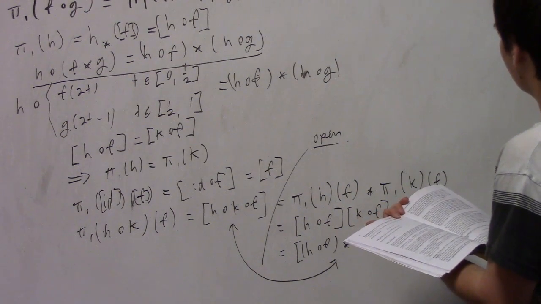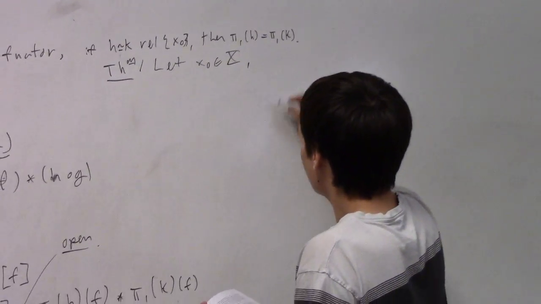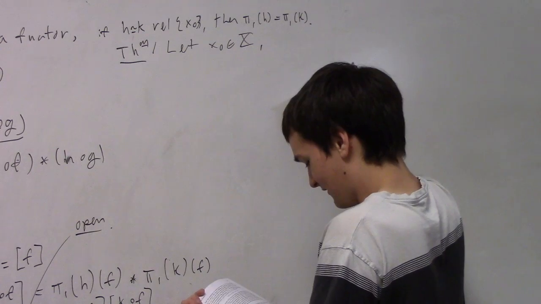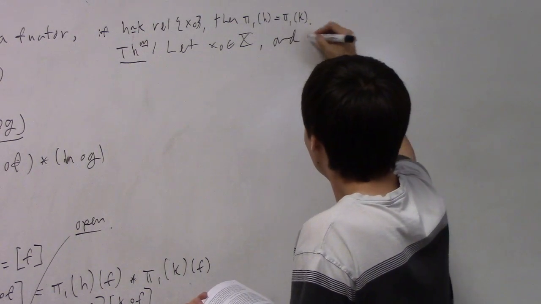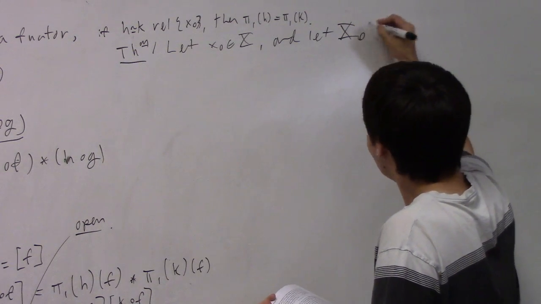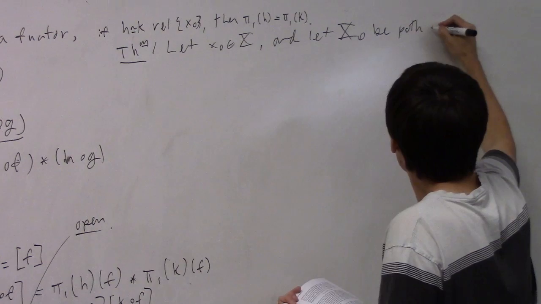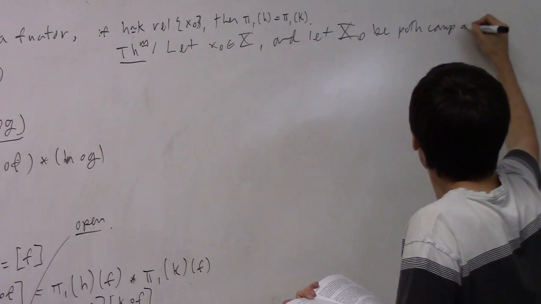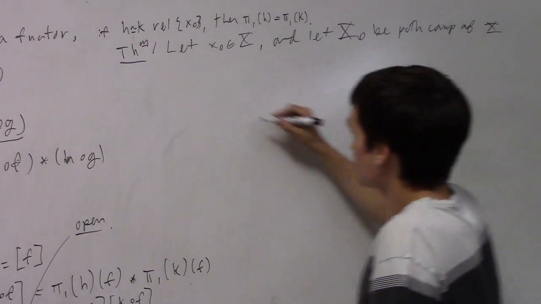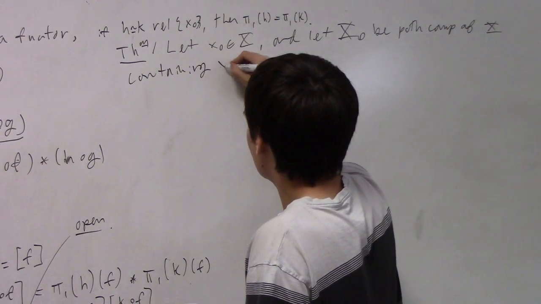So, let x naught be in space X, and, I guess I'll have to be careful to make my big X's look different from my little x's. And let big X naught be the path component of X containing x naught.